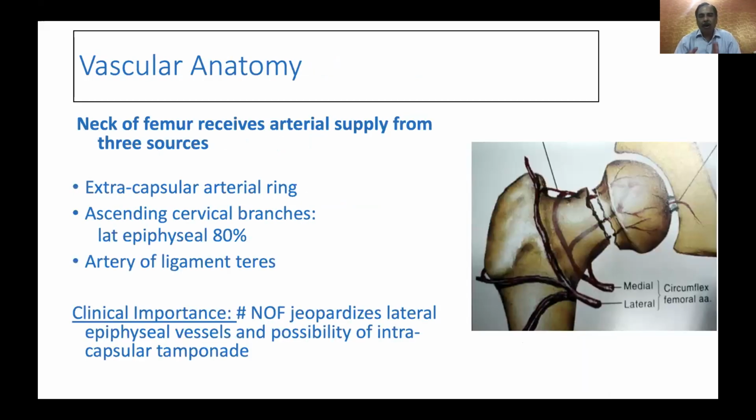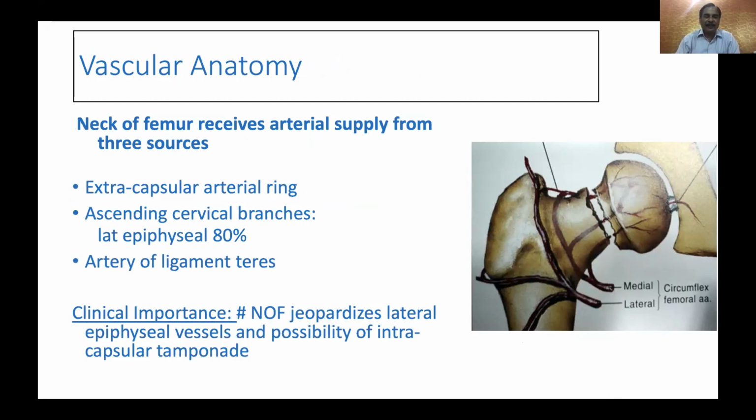Always remember the femoral neck, scaphoid, and talus, these are the areas where you must remember the blood supply, as also the collateral vessels around the elbow and the knee. Now, there's an extracapsular arterial ring.